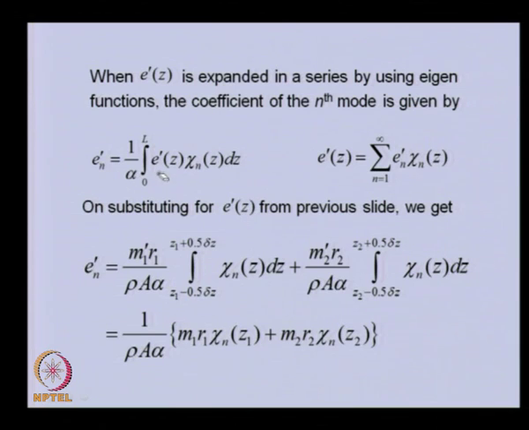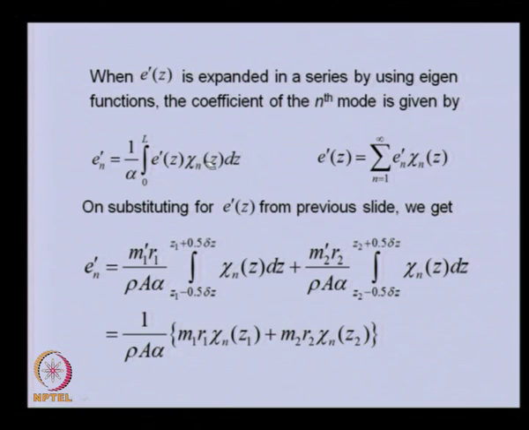So, this is the expansion, and in this is the constant for a particular mode. This is the distribution of the eccentricity, this is the constant, and this constant will be defined like this, in the similar form as we defined for the eccentricity of the shaft.